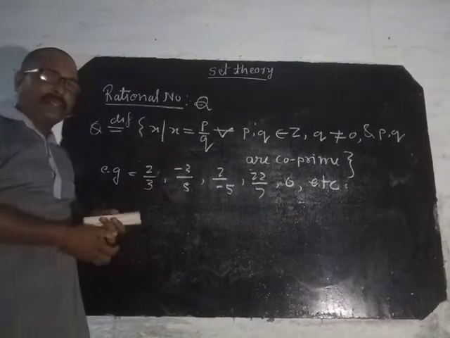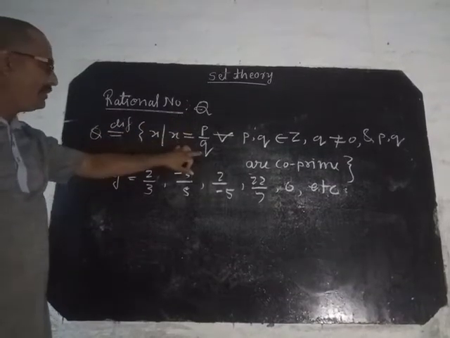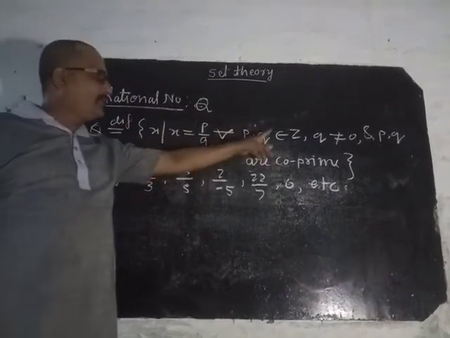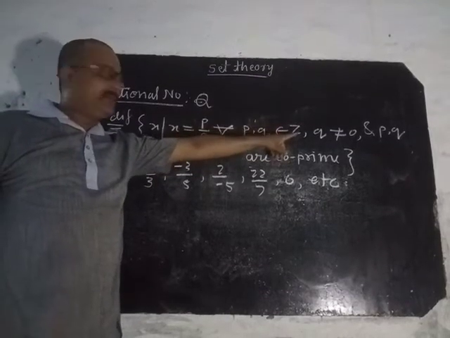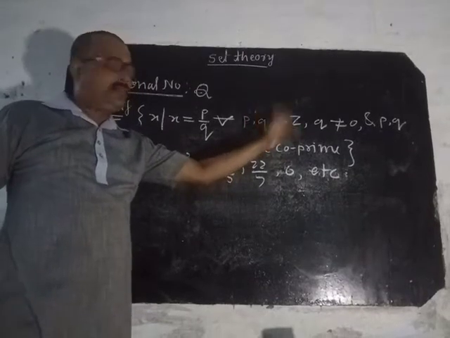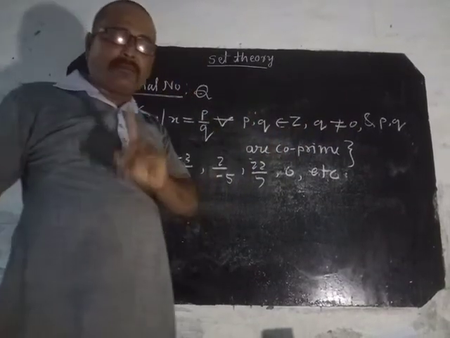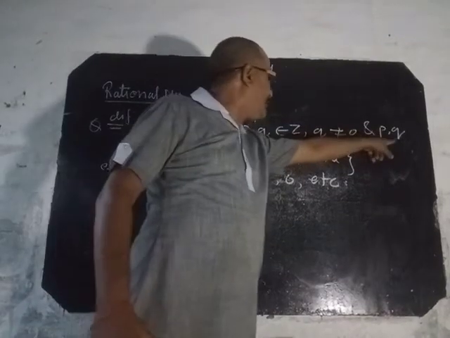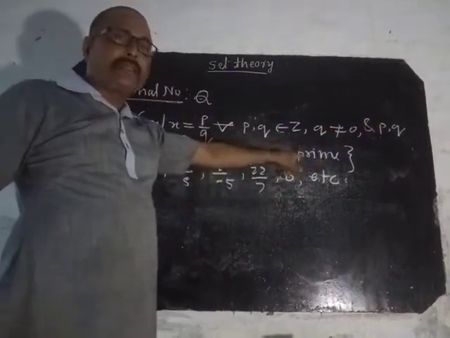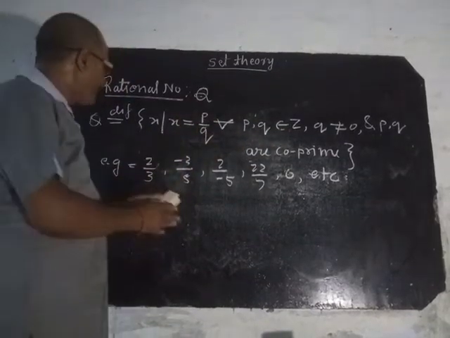In your book it is given that any number written in the form of p by q, for every p and q belonging to integers, q not equal to 0, is known as a rational number. But remember that p and q are co-prime. That is the complete definition of a rational number.